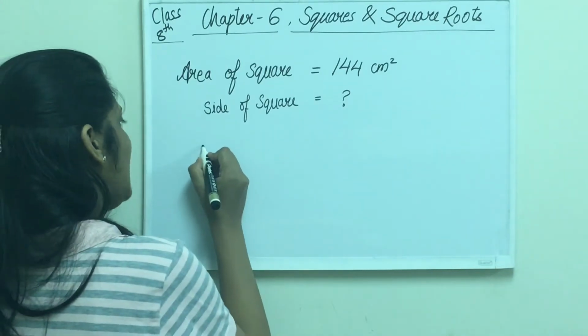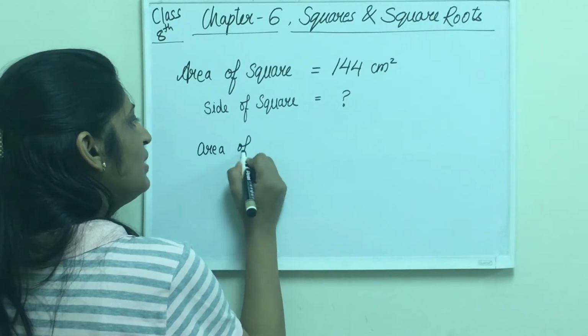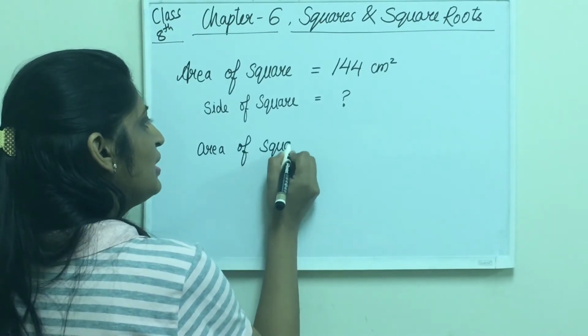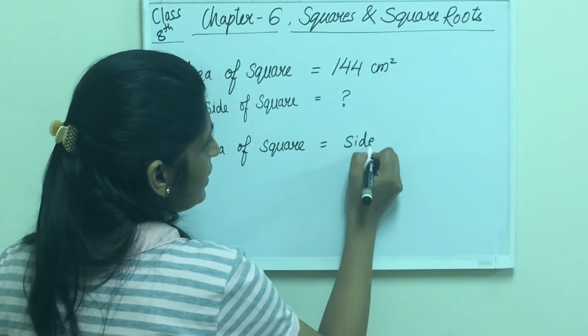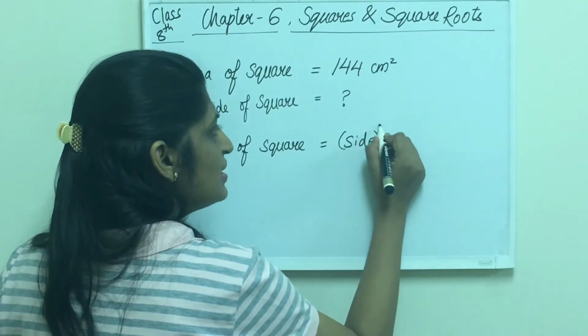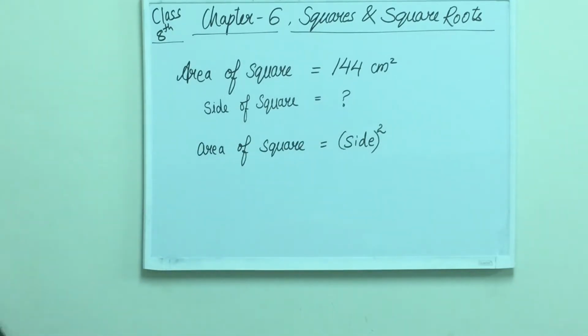As we all know, the area of a square is always equal to side into side, or side square.